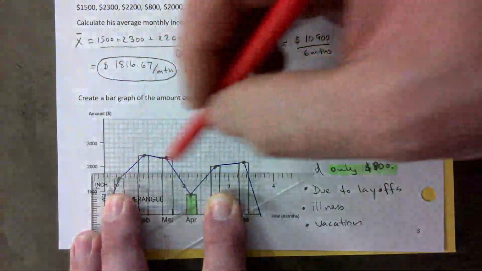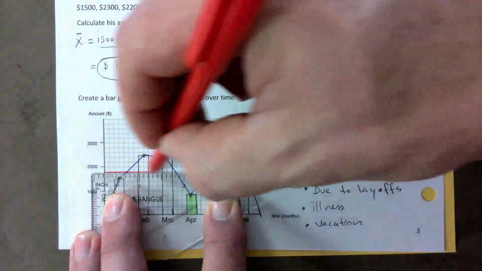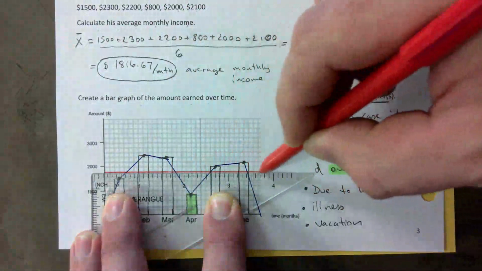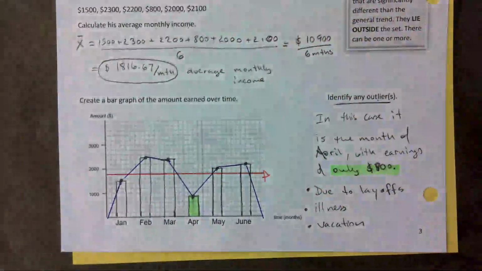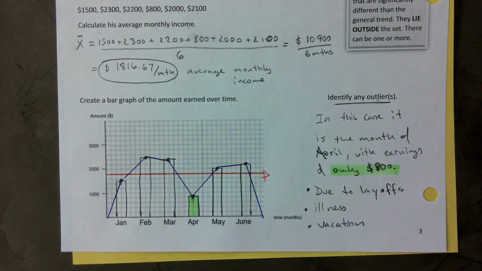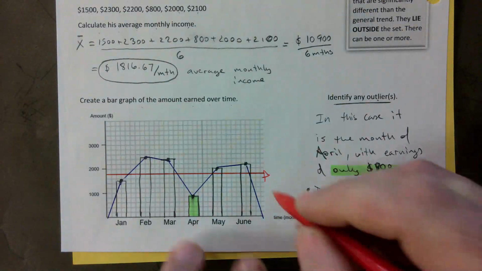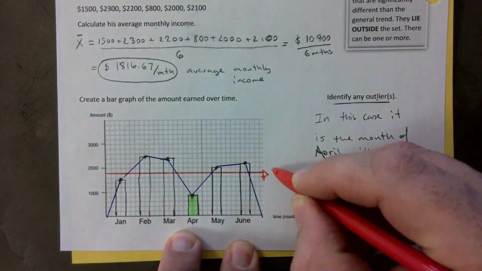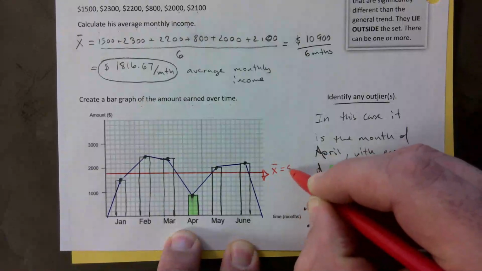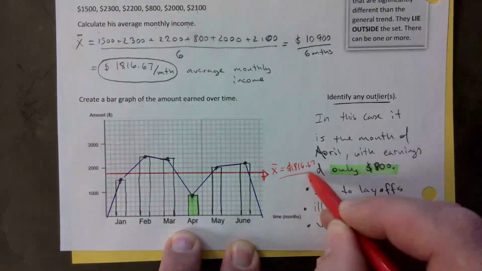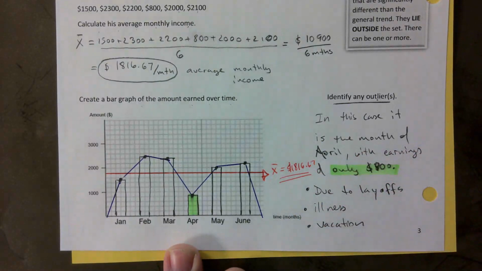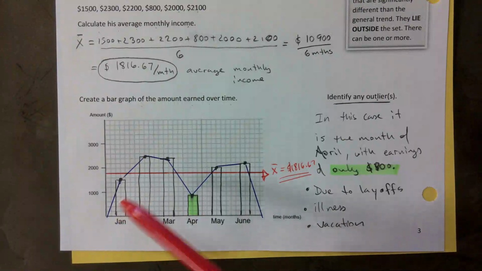You're basically saying if you were to spread out all this wonkiness, this is where all your bars should be this tall. If you could have buckets and spread it out evenly, you would have this. This is your average of 1,816.67. So it's trying to spread it out evenly.